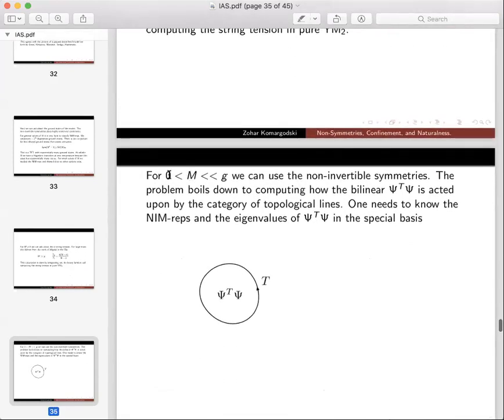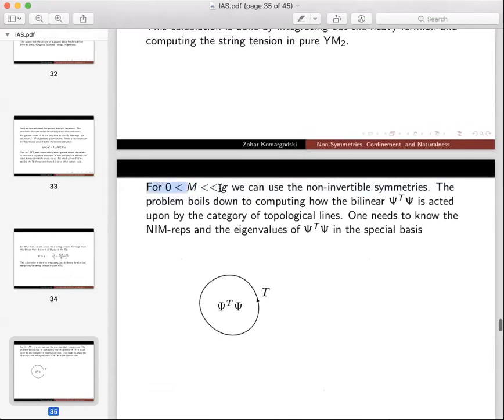For small mass, the problem of finding the string tension is very difficult because this is a strongly coupled regime. As I said, now the mass has to be non-zero, for otherwise strings are exactly tensionless. So this is actually a problem that one can solve using topological field theory techniques involving these NIMREPs and the huge symmetry algebra that we found.